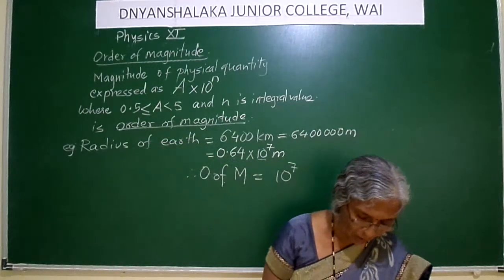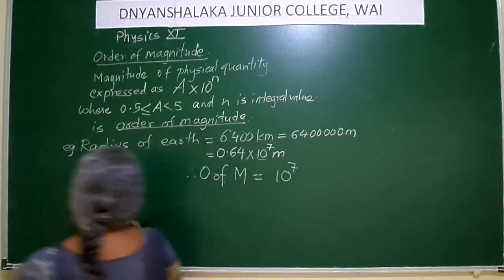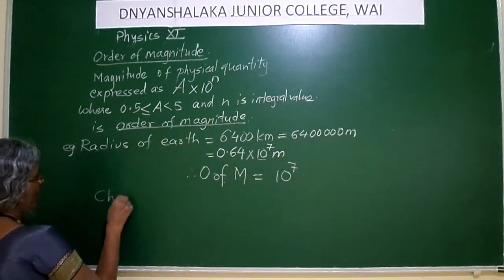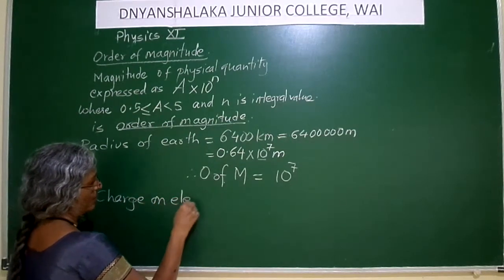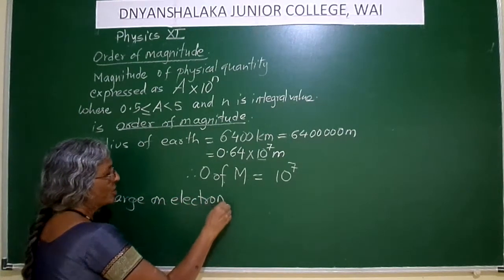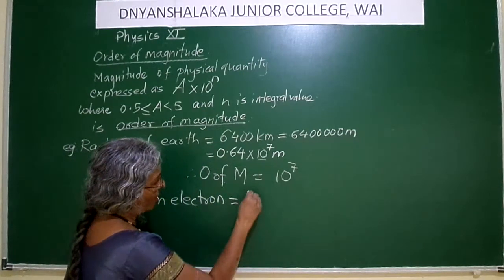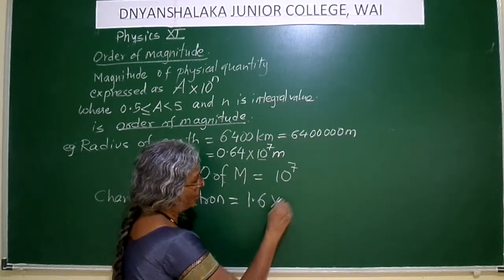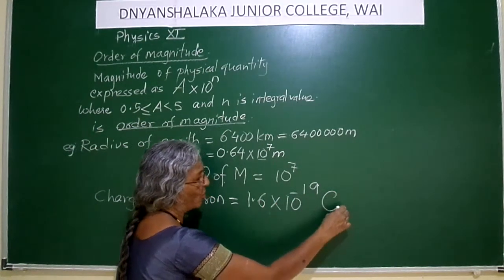Now, if I go for another value, say the charge on the electron. This charge on the electron is given as, the value is always given to you and you know the value, 1.6 into 10 raised to minus 19 coulomb.